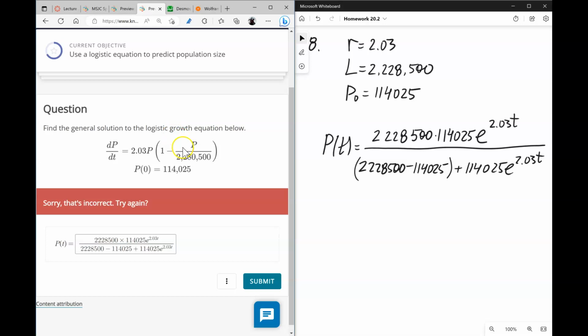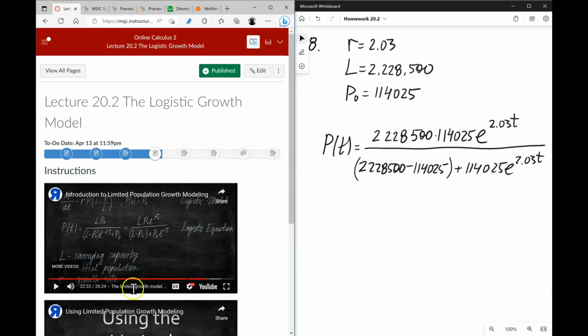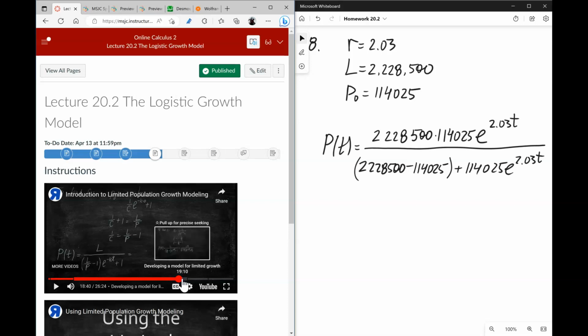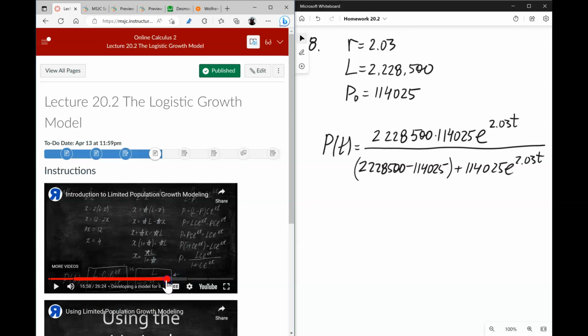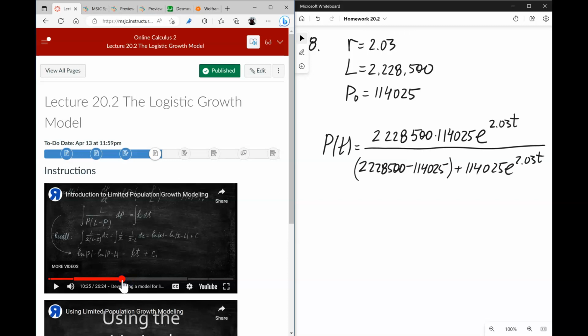The only thing, I'm not sure why it's marking it wrong, maybe because it's asking to find the general solution. When we look for the general solution, it's one of the prior steps before we actually get to find C. Let me see.